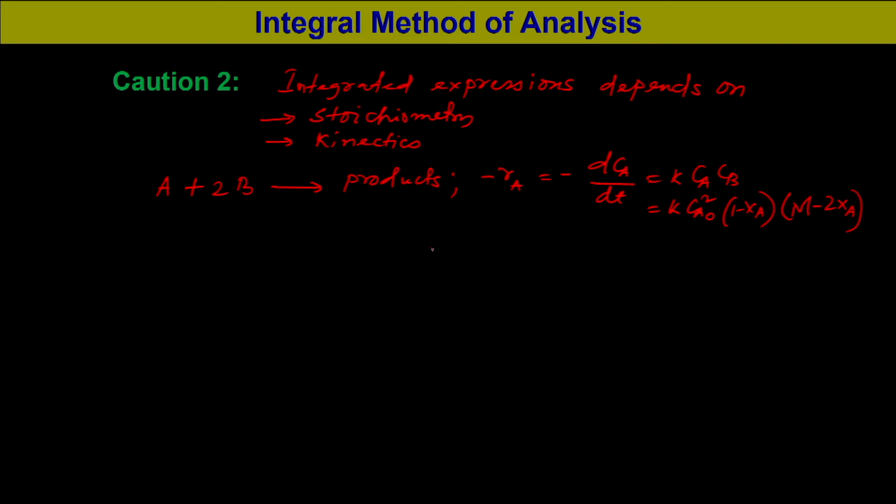Here m is the ratio of Cb naught by Ca naught.